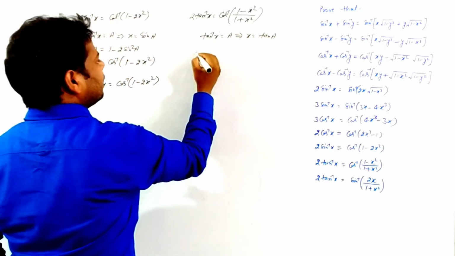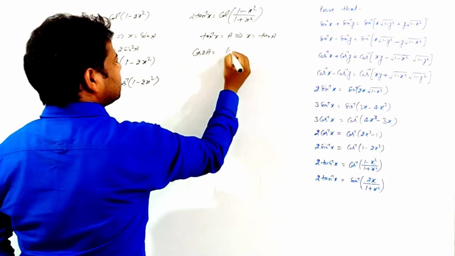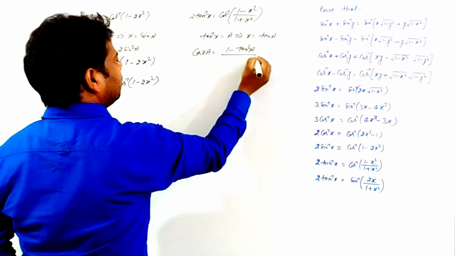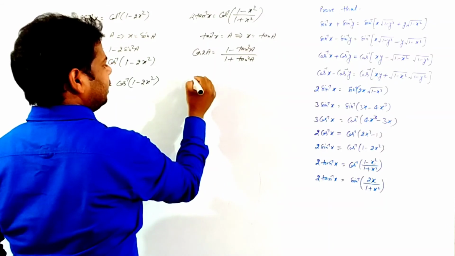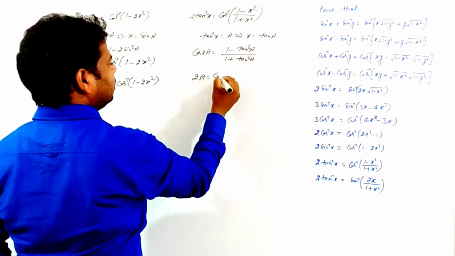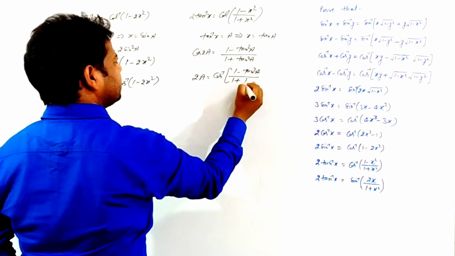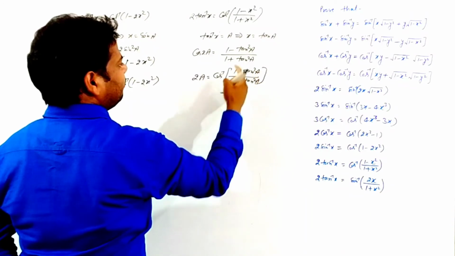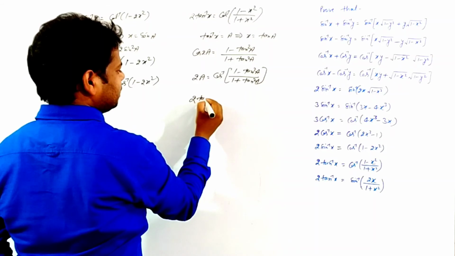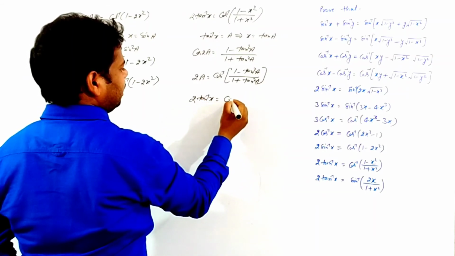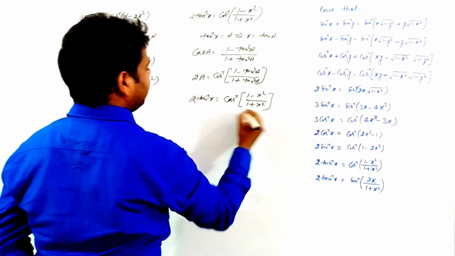We have a formula cos 2a is equal to 1 minus tan square a upon 1 plus tan square a, and cos goes to the RHS term, then we can write 2a is equal to cos inverse (1 minus tan square a upon 1 plus tan square a), and we have tan a is equal to x and a is equal to tan inverse x, then we can write 2 tan inverse x is equal to cos inverse (1 minus x square upon 1 plus x square).